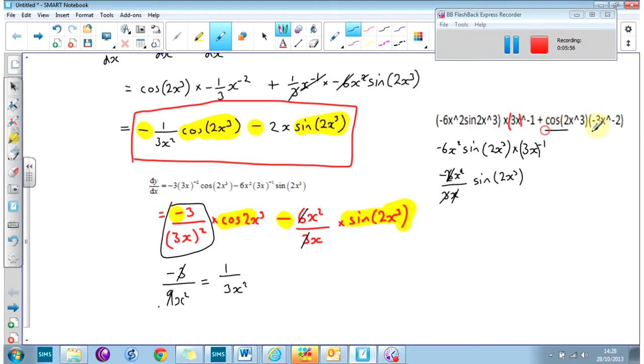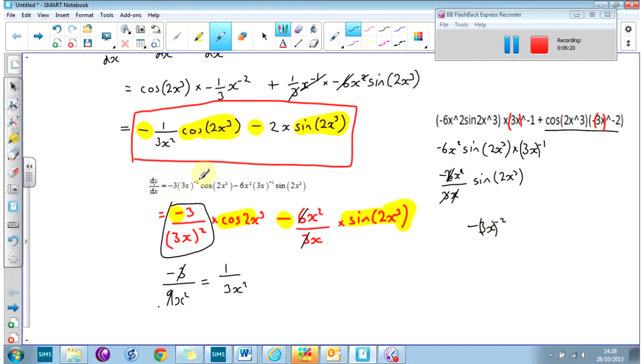And now the second term here, so we've got a minus 3x to the minus 2. Now again, a bit ambiguous here. What you really needed here was brackets there, because otherwise 3 is not on the bottom, which of course is important.